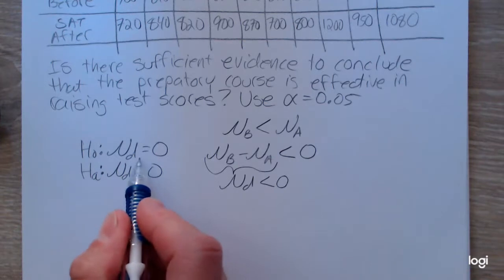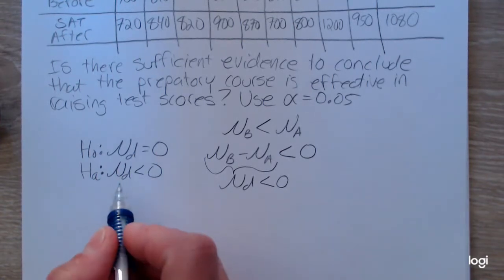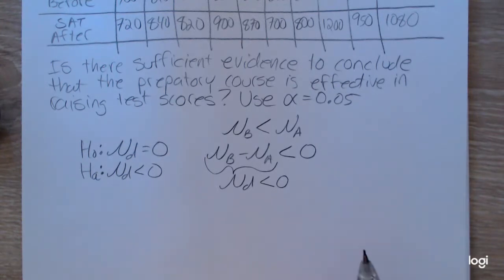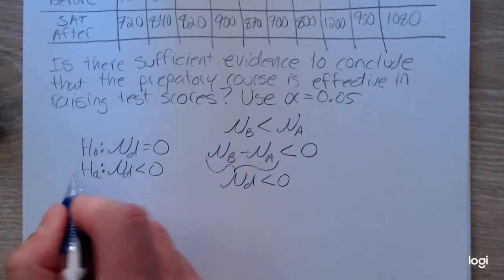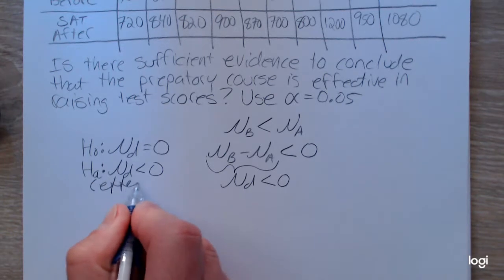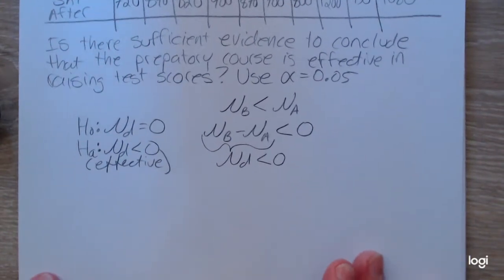This is a case of no difference between the before and after. So if we end up being in favor of the alternative, then we could say that the preparatory course is effective. Okay, so the alternative is essentially the claim in this case.